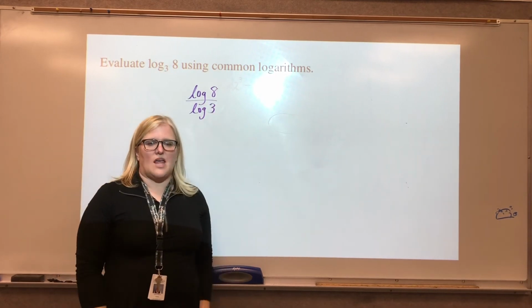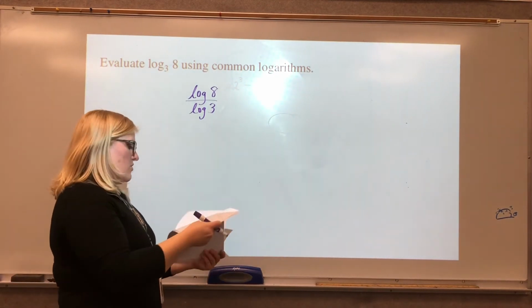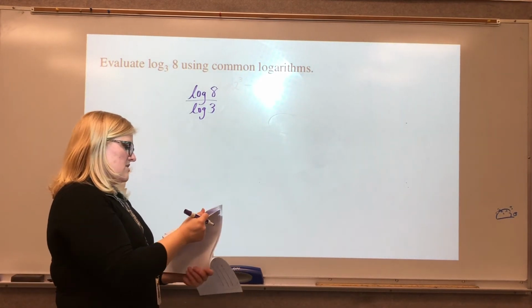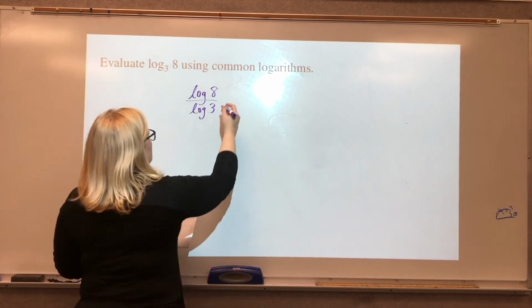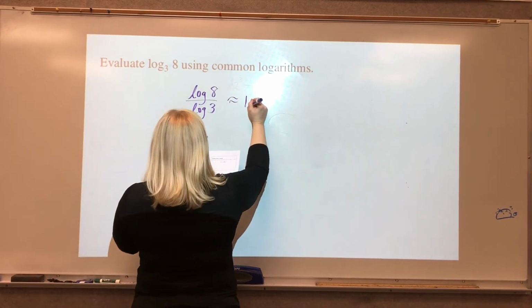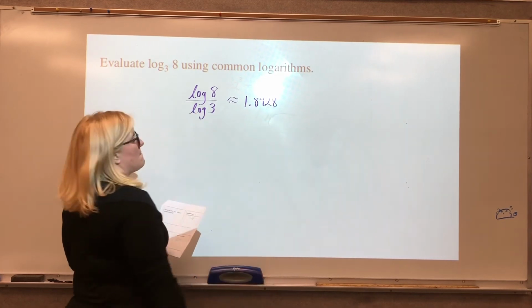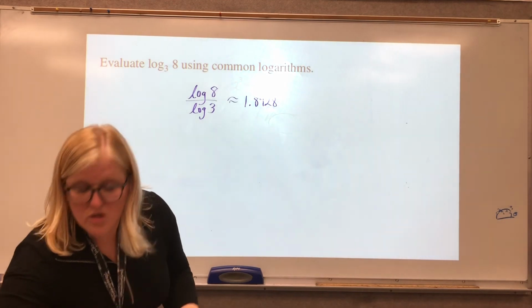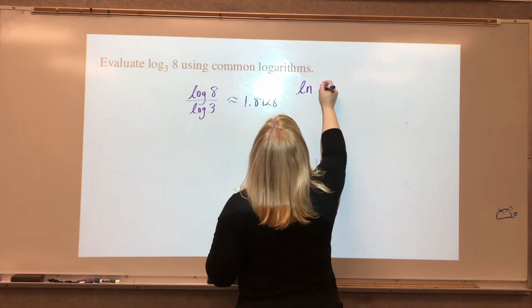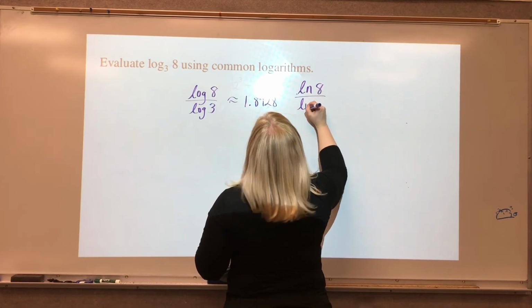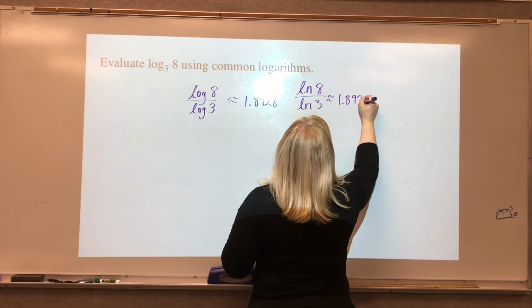That's it. And then you put it in your calculator. And you get something so cool, it'll blow your mind. Not really. 1.8928. So that's the answer to that one. Then you could also use natural log of 8 over the natural log of 3, and you will get the same answer.